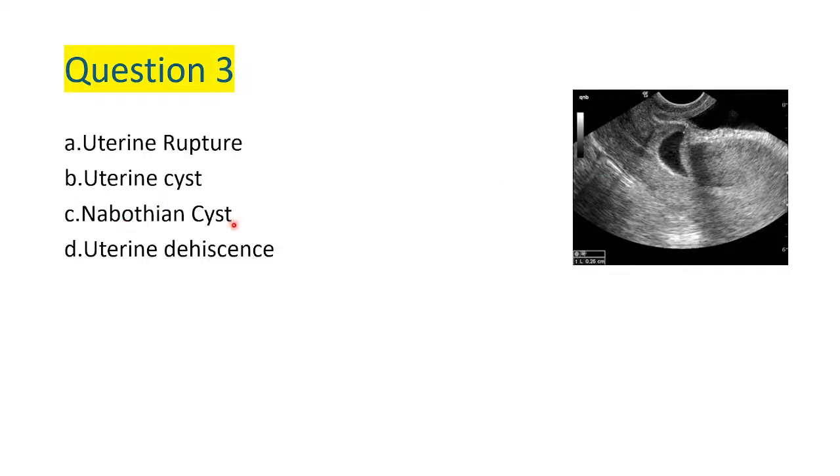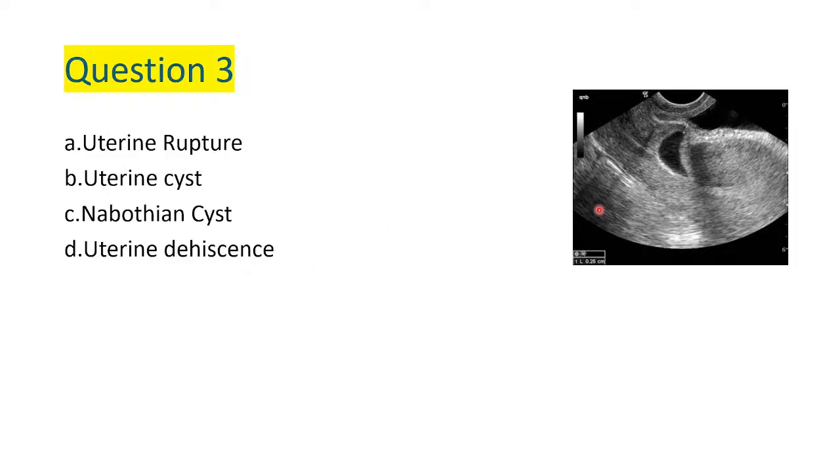Nabothian cyst? This one is not a cyst, because you can see the configuration, how it is presenting, elongated like that. A cyst is supposed to be well outlined, circular in configuration. So this is uterine dehiscence, yes.